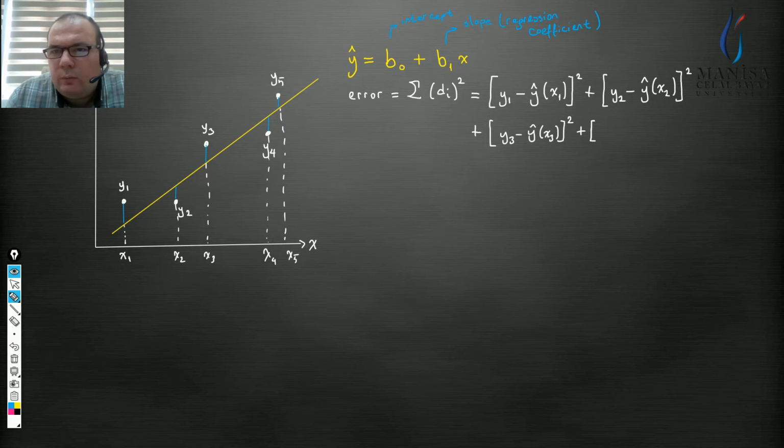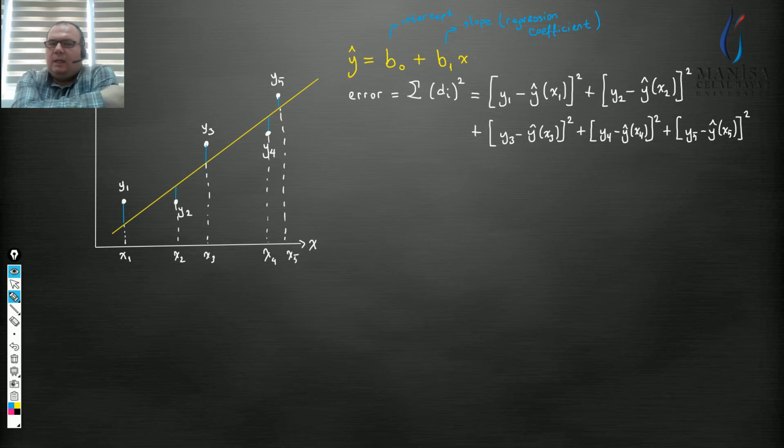For the fourth point, y4 minus y hat of x4, and the square of this error. And for the last error, y5 minus y hat of x5, squared. Okay, now we have the total error and we want to minimize it.